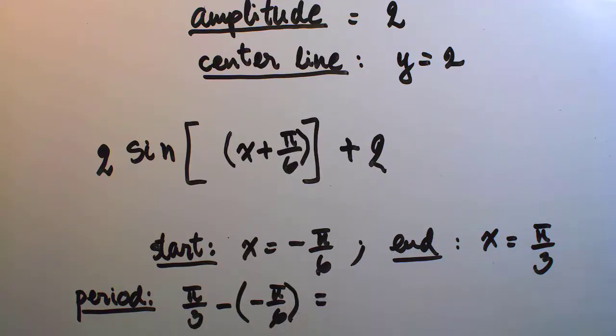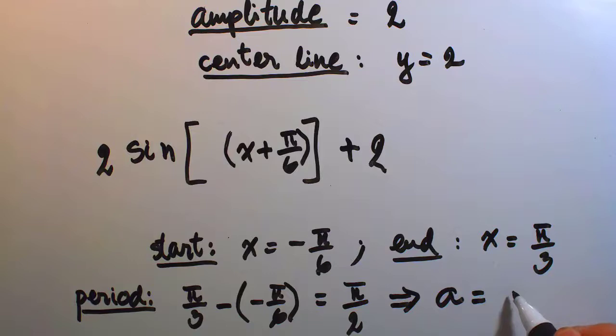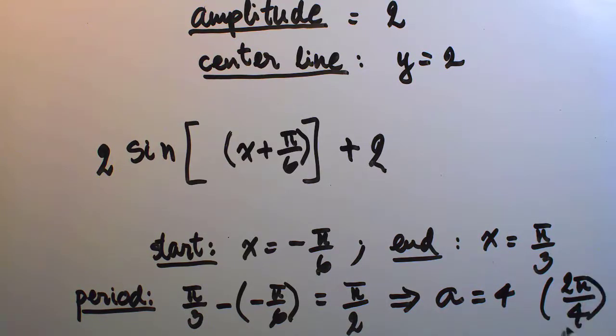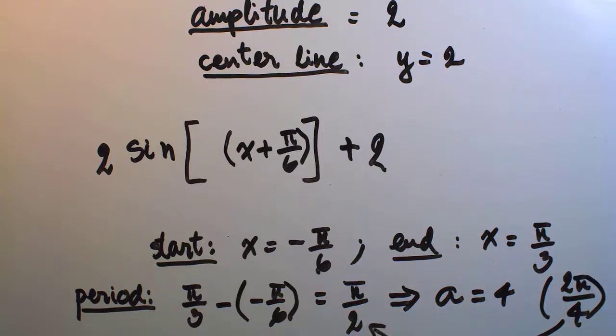The calculation comes out to be pi over 2, which gives us our A value here, and allow me to be quick here, to be 4, as the standard period divided by 4 gives us that total period of pi over 2.